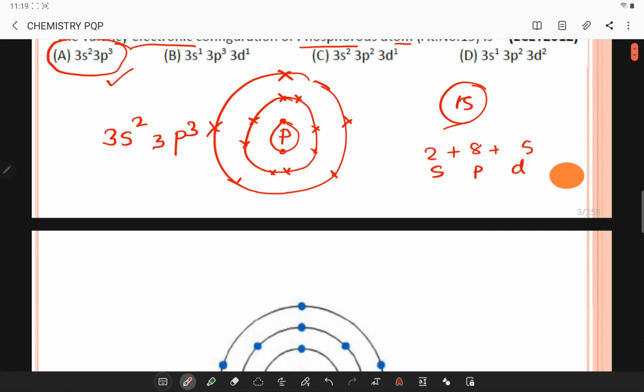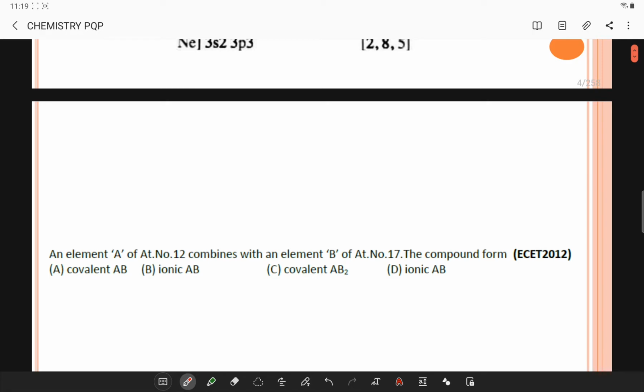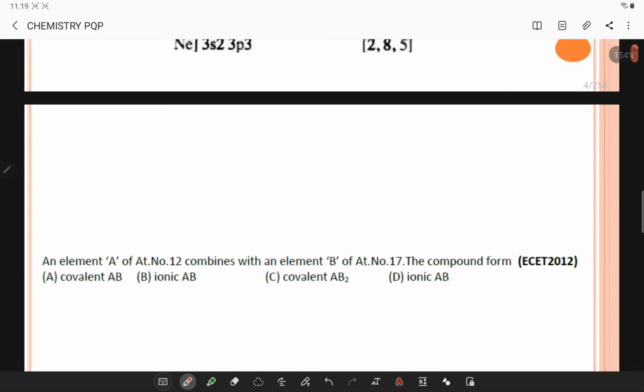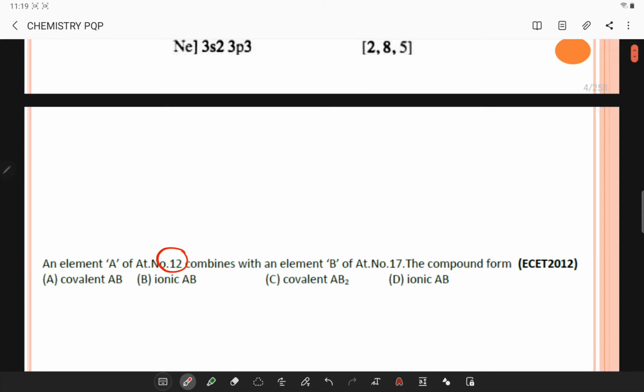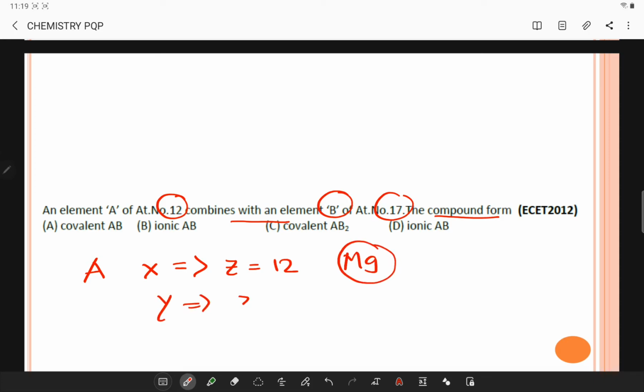A detailed explanation is given here, you can see it. An element A of atomic number 12 combines with an element B of atomic number 17. Now the compound formed is, so if you see the element having atomic number 12, it suggests it is magnesium, and element Y whose atomic number is 17 is chlorine.